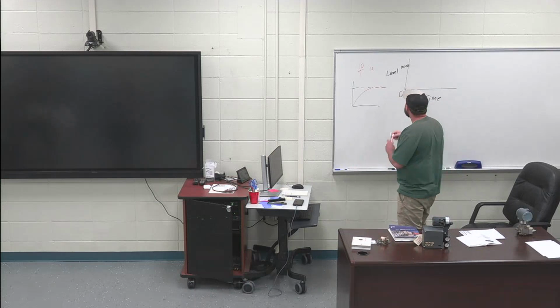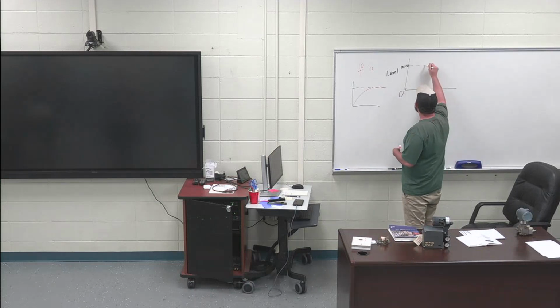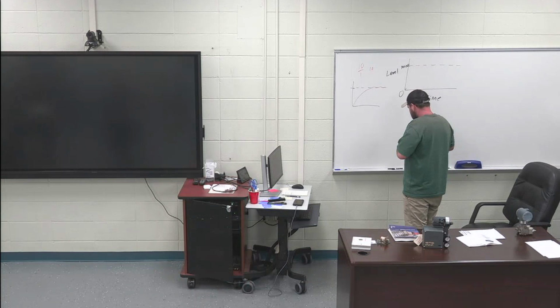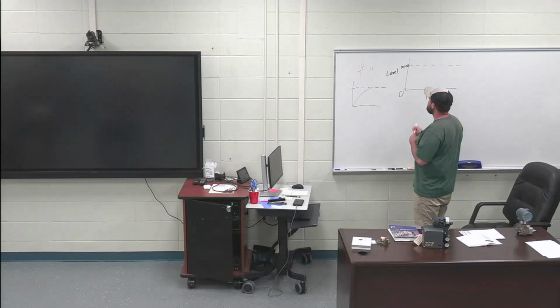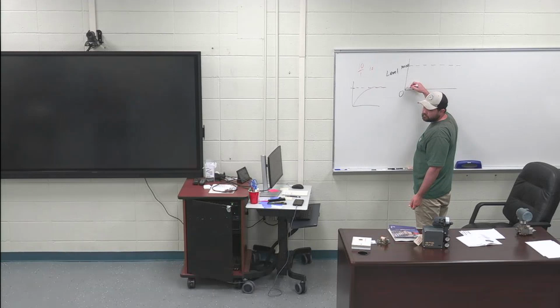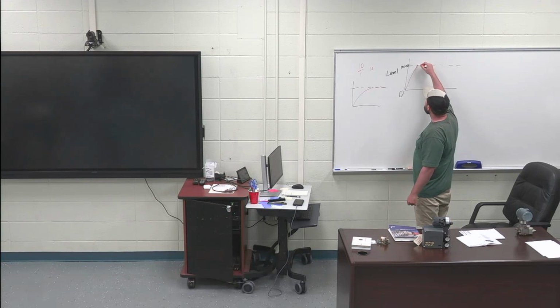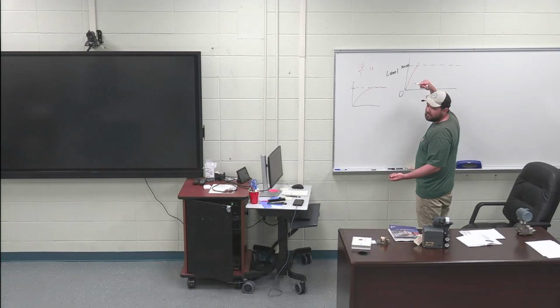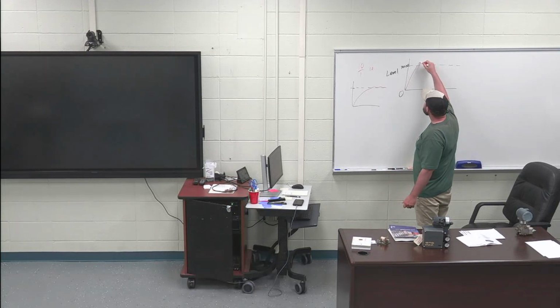So if my set point is right here, and I'm at 0 gallons, this is my signal to my valve. So it's saying open, open, open, open, open, open. I made it to my set point, but it's gonna go a little bit above that. It's gonna say close. You went too far, so close the valve.